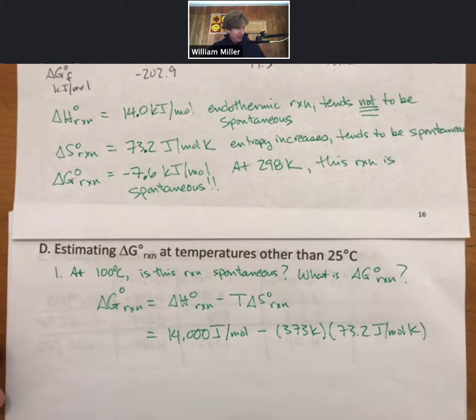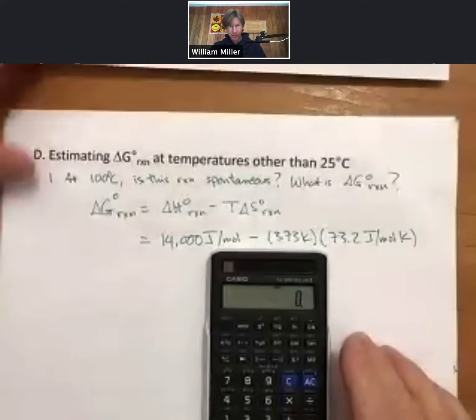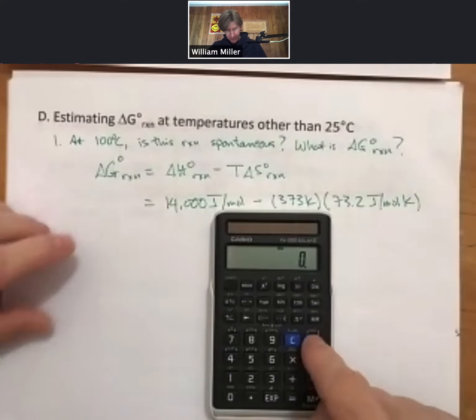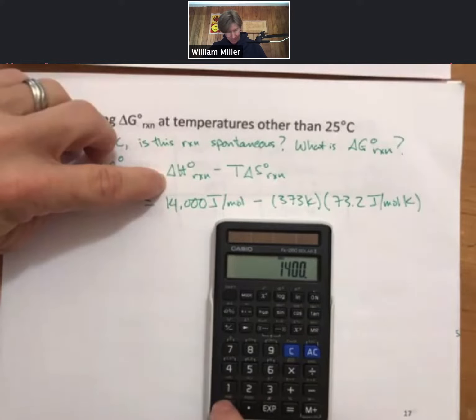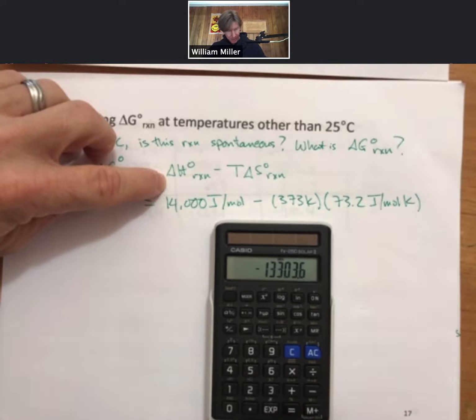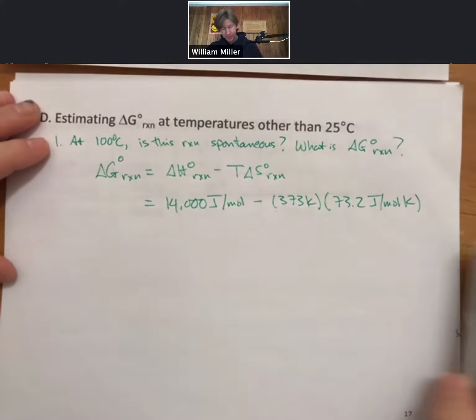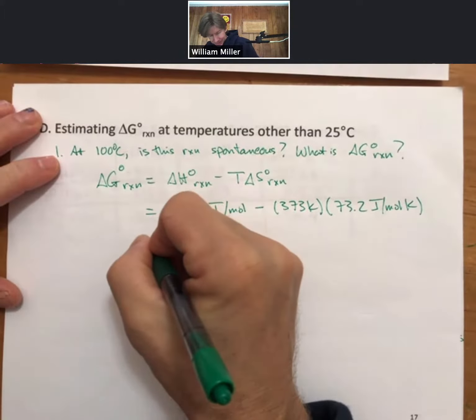And now plugging this in and solving. 14,000 minus 373 times 73.2 is minus 13,303.6.